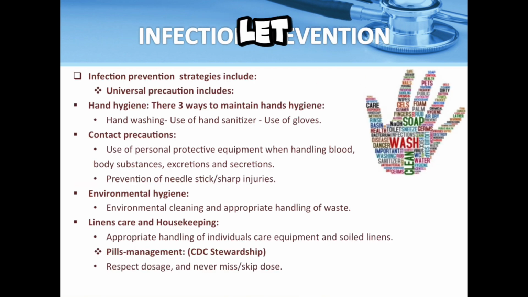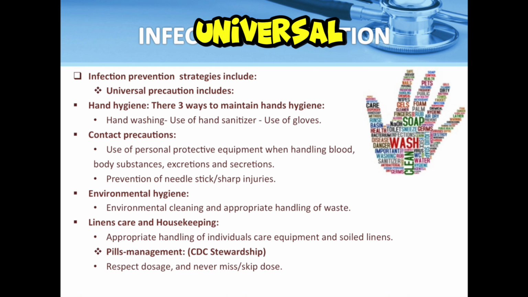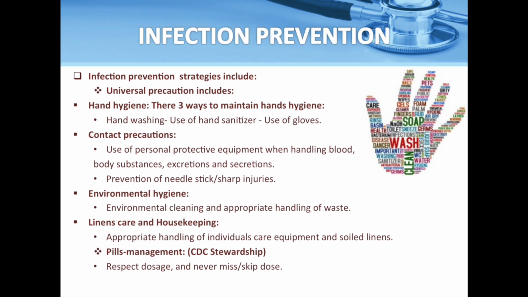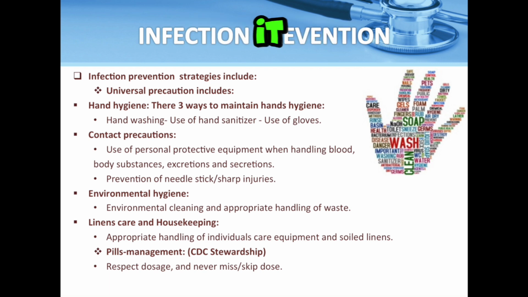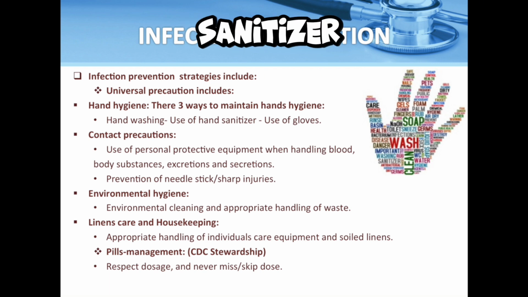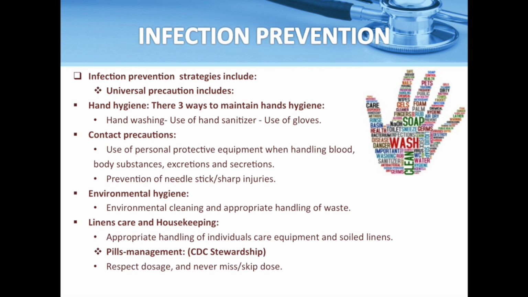Let us talk about how to prevent infection. First, universal precaution. Hand hygiene is part of universal precaution, and it includes hand washing, use of hand sanitizer, and use of gloves.